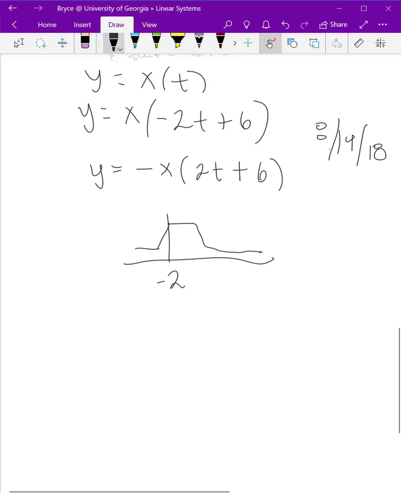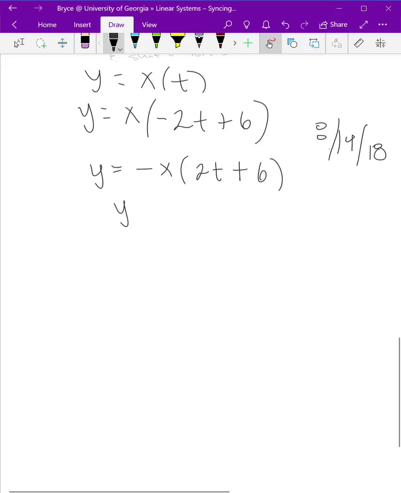So what reversing it will do will actually take it to this, and now we'll be at 2. So I'm going to go ahead and erase all that, and we'll get back into the simplification of our problem.